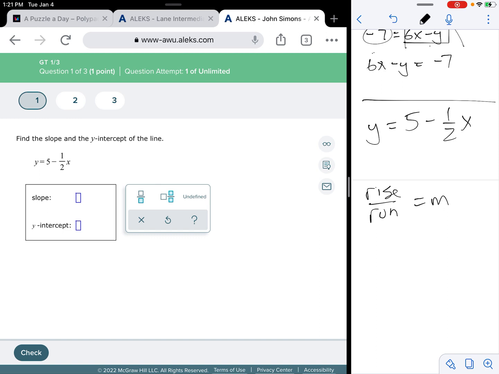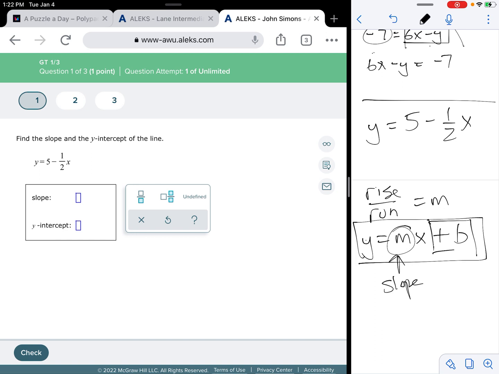Now I'm going to introduce you to this special type of equation form, called slope-intercept form. This is the general case of it, which means that when you see an actual case of it, there will be a number here for m, your slope, then either a positive or negative sign, and another number which represents your y-intercept.